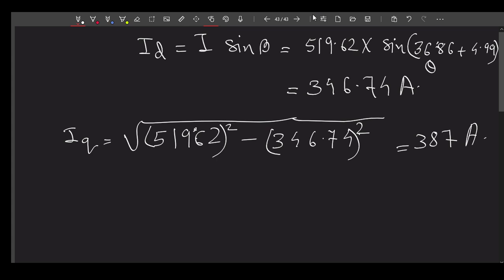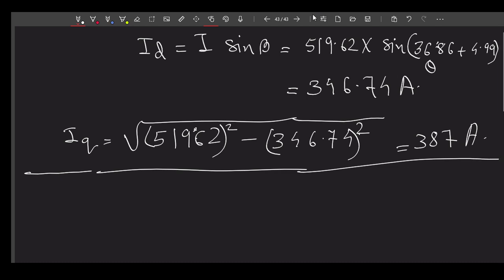As we know from short circuit characteristics for a salient pole synchronous machine, Xd is given, Vt is given, right?